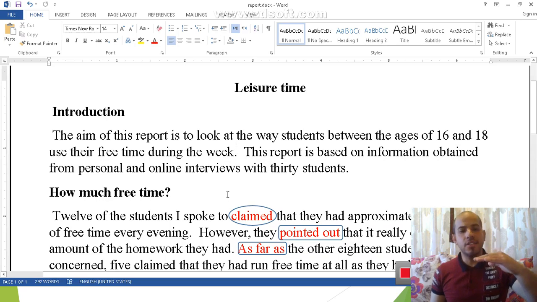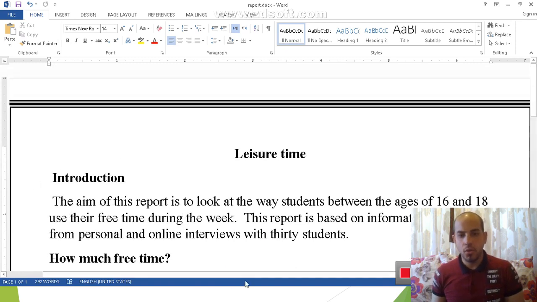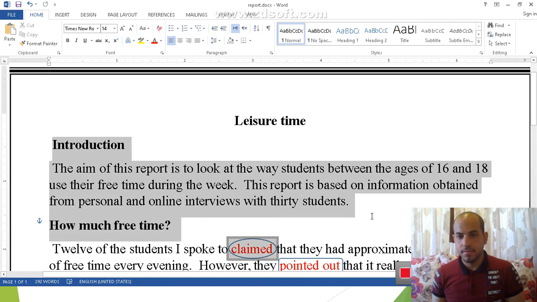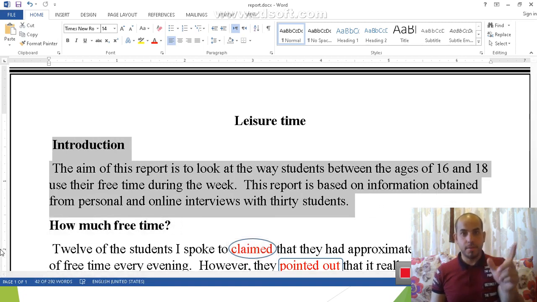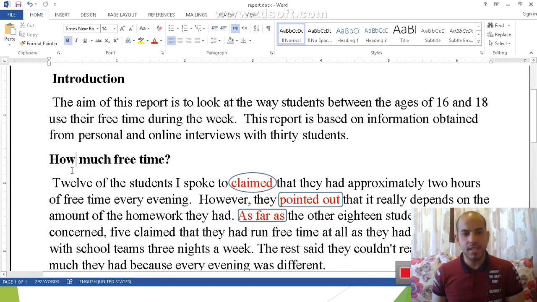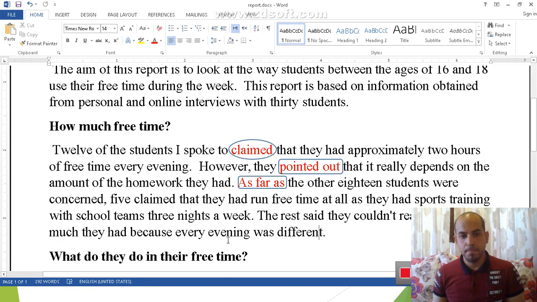I divided my report into 4 parts, okay? This is my first part, which is the introduction. This is the second part. This is the question, and I have analyzed the question.